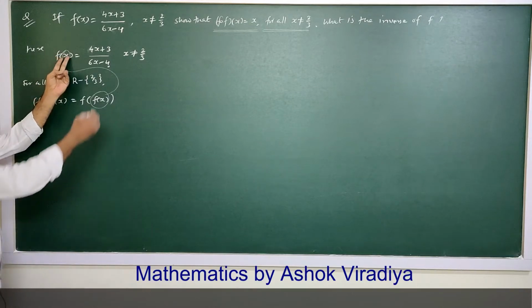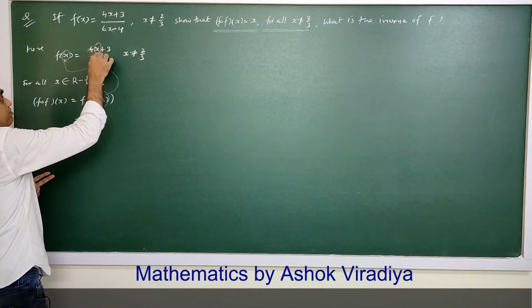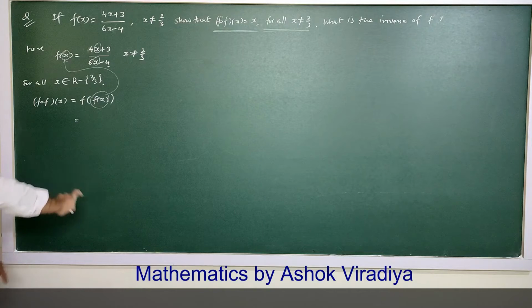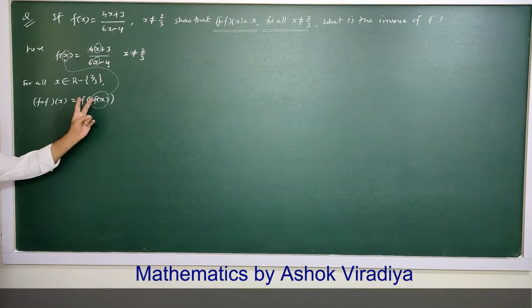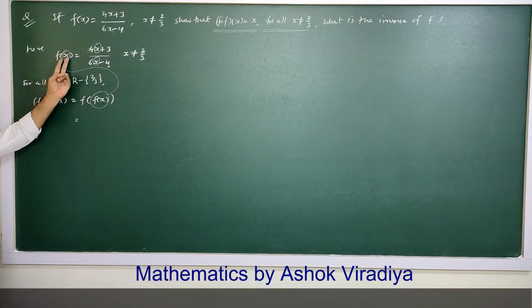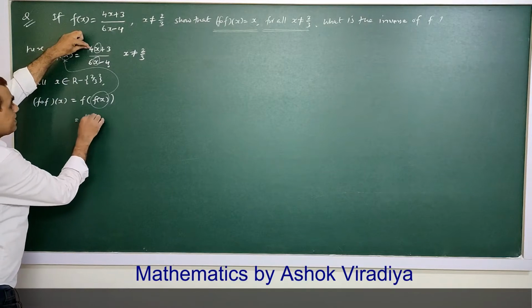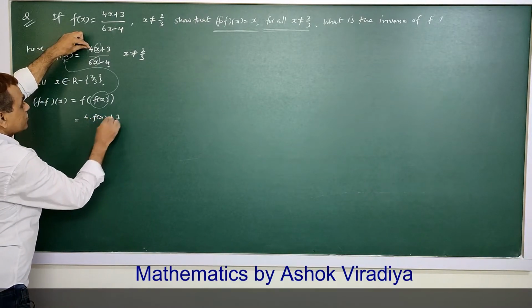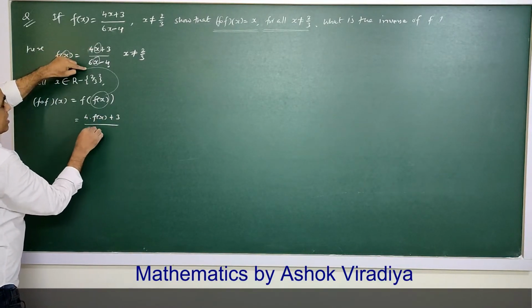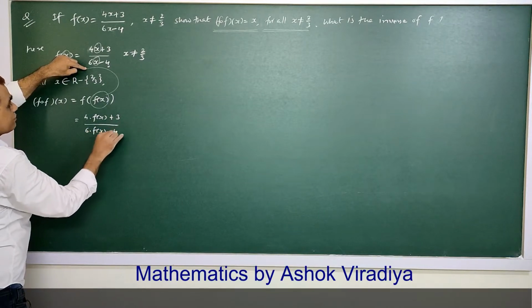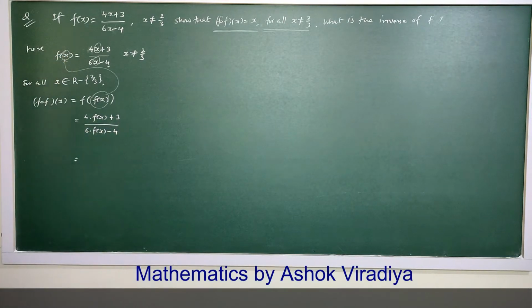Whatever we keep here, the same value we should keep there. So f(f(x)) is (4 times f(x) + 3)/(6 times f(x) − 4). X is replaced by f(x). Now we put the value of f(x).